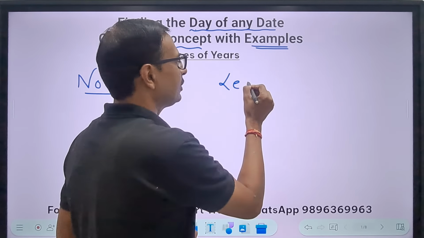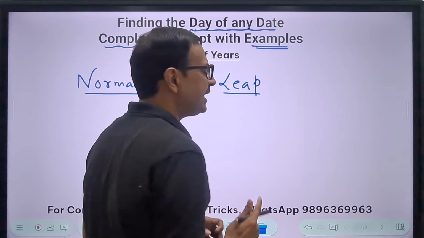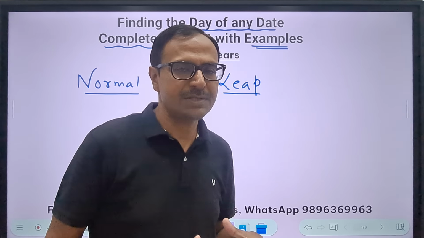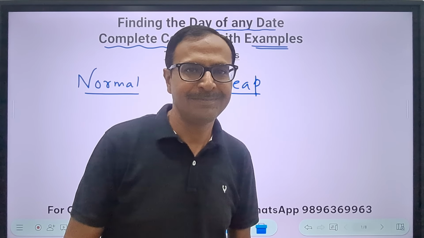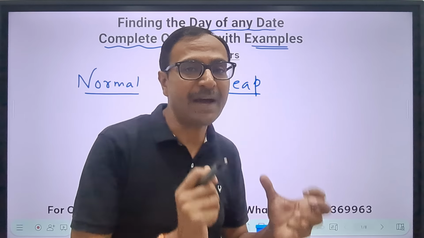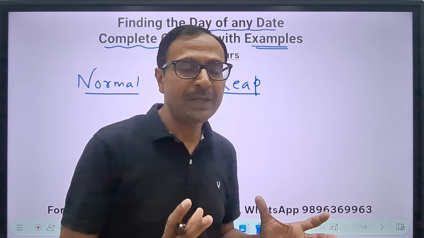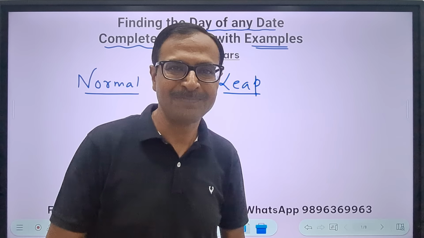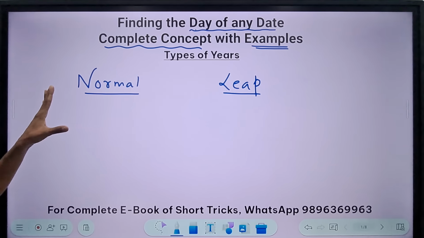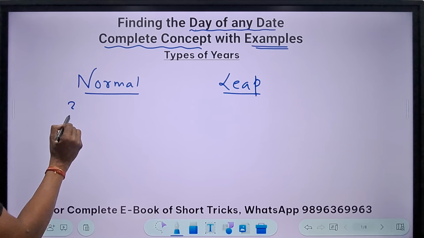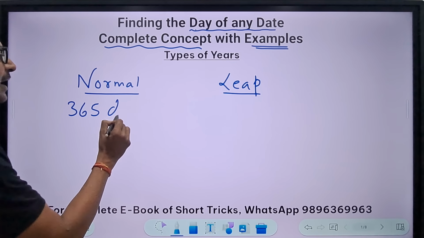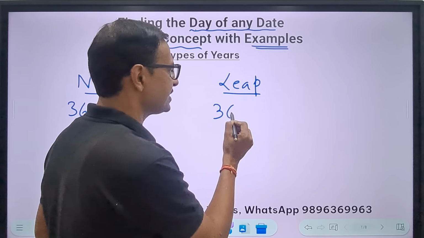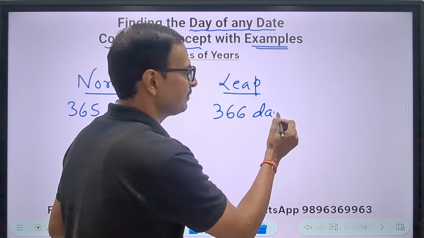Now when I talk about leap years, 80% of the students will say, oh, leap years, 366 days. But there are so many hidden facts which you should know if you want to get the day of any date. So a normal year normally has 365 days, and a leap year has an extra day, that is 366 days.